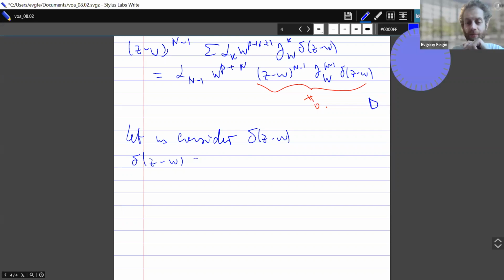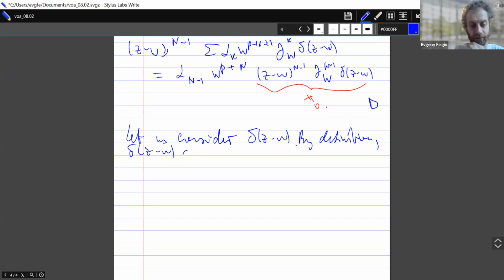Okay, maybe let me do one more step before I proceed. So by definition, the delta function sits inside C of Z plus minus 1, W plus minus 1. So we have both infinitely many negative and positive powers of Z and of W. And now let us consider the decomposition.